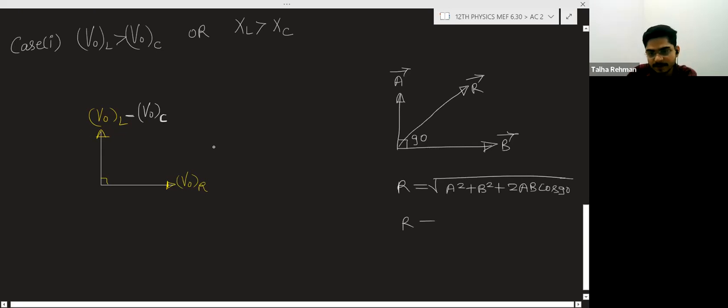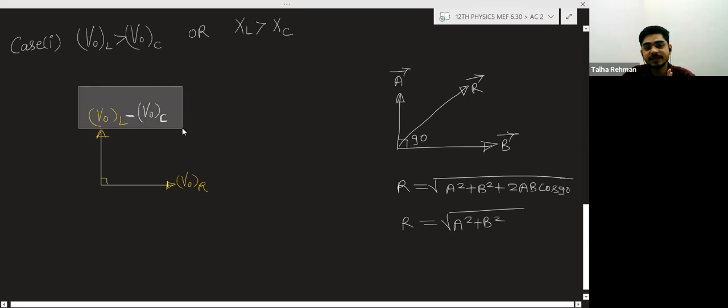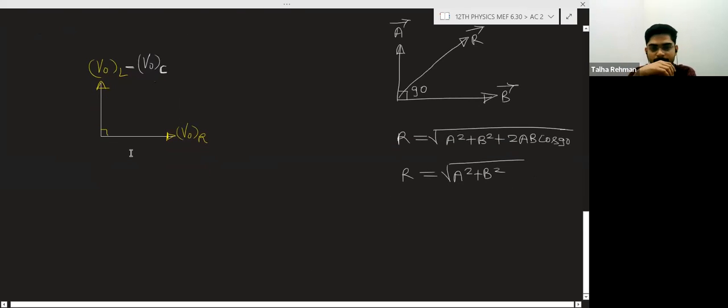So the resultant is the square root of A squared plus B squared. In this case we can apply this also, but these are not vector quantities. Still, this will be valid here.